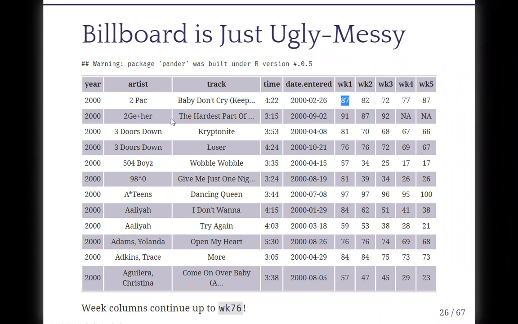But when Together's the hardest part of, I don't remember that song, I'm sorry. They entered in September. This is their rank at the 2nd week or the 1st week of September. So that means that the value here and the value here for week 1 are ranks at different times. And that's the case for 76 columns.